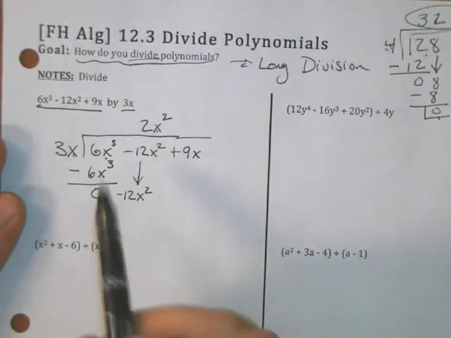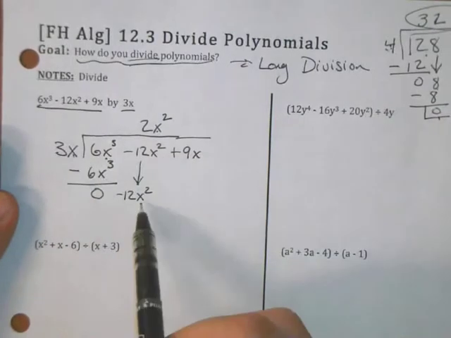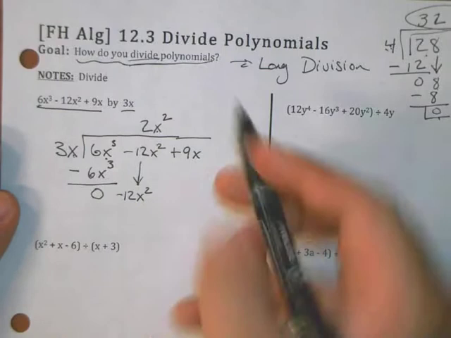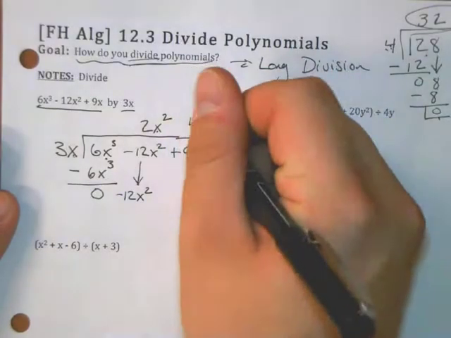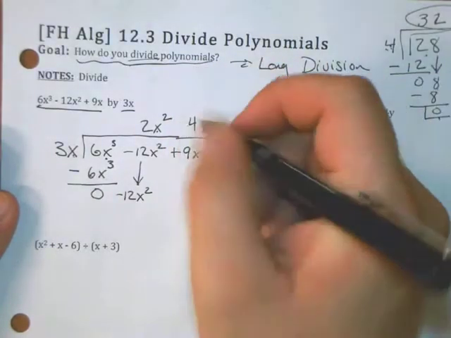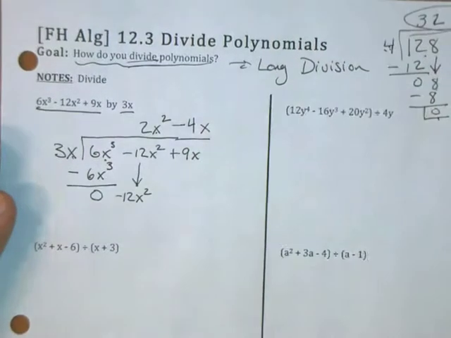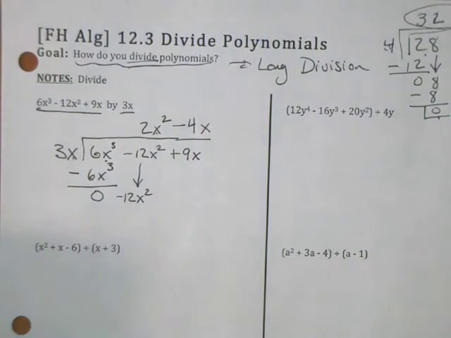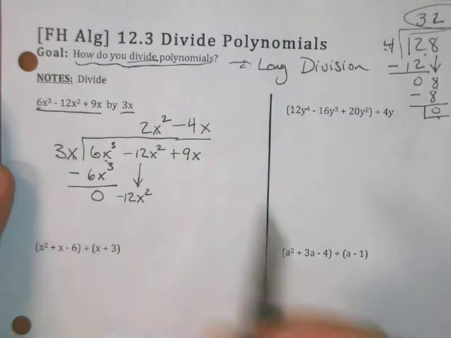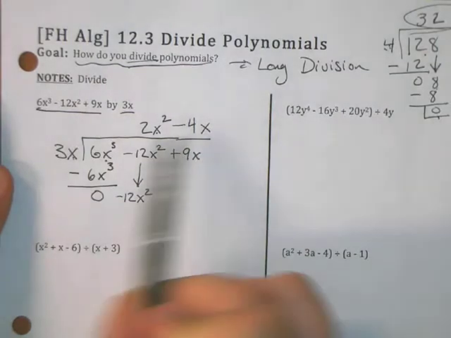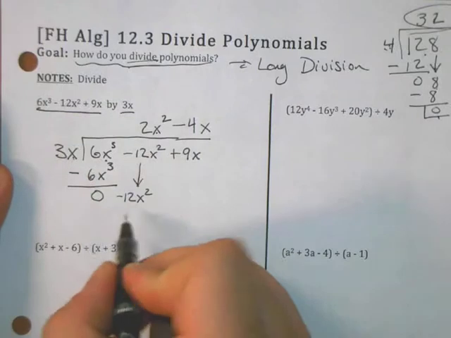Okay. So what times 3x is negative 12x squared? Negative 4x. What's negative 4x times 3x?